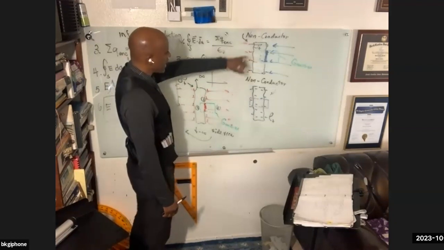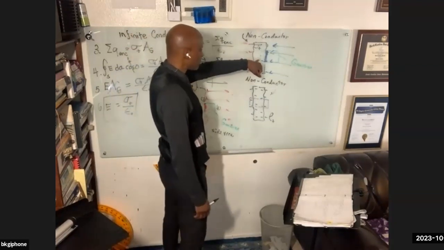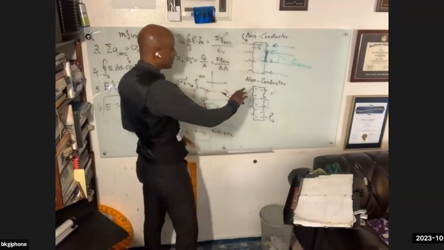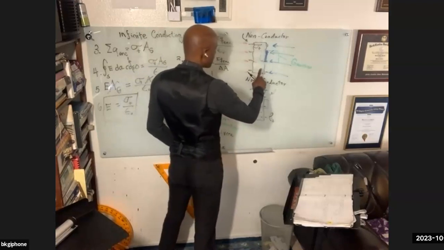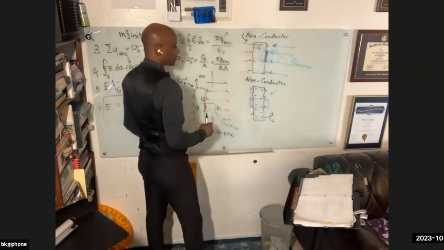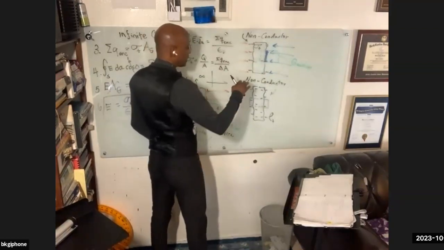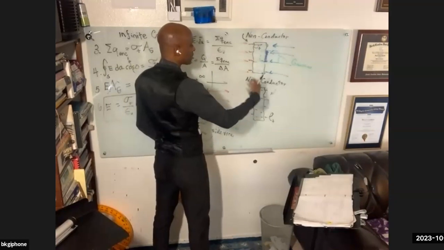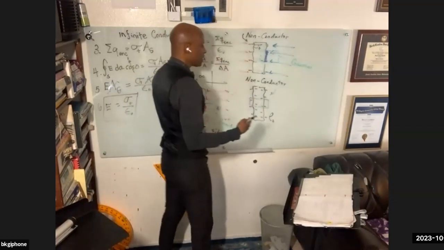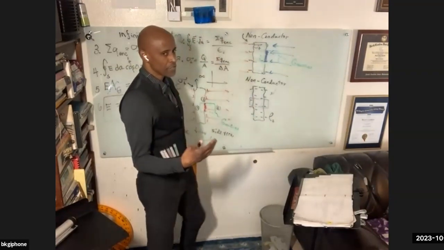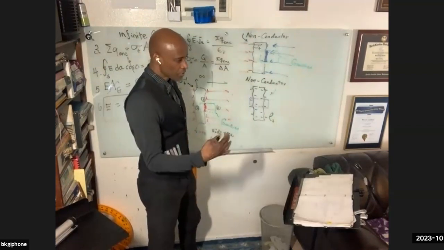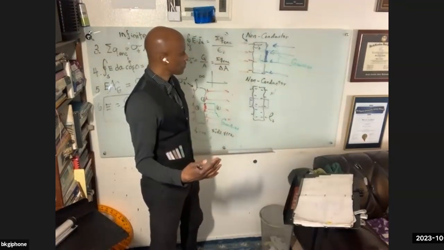Now, in the case of a non-conductor that does not have charge on the inside, you're going to get the same answer. You have to go through steps 1 and 2: understand what the charge distribution is, and what the field distribution is.